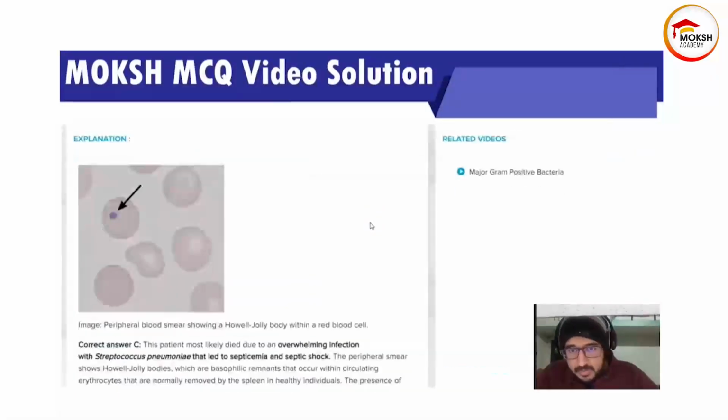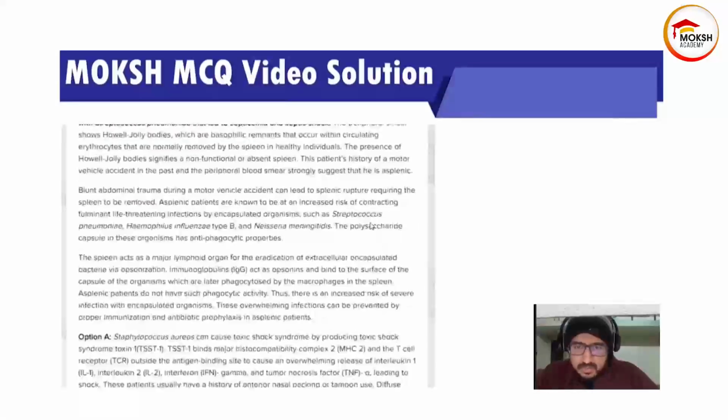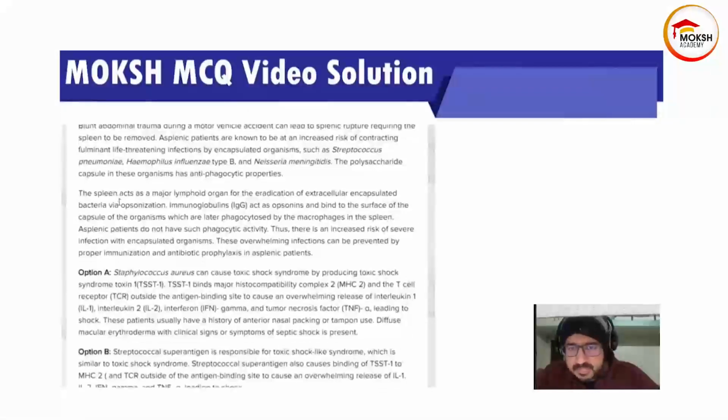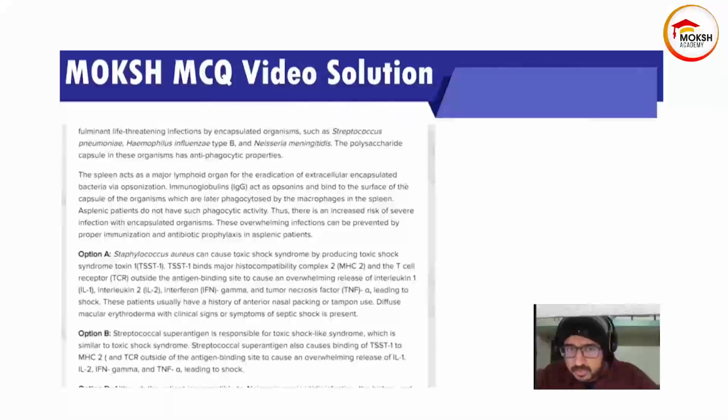And one more thing from your immunology point of view: the spleen acts as a major lymphoid organ for eradication of the encapsulated bacteria via opsonization. The IgG immunoglobulins act as opsonins and bind to the surface of the capsule of the microorganism, which is later phagocytosed by the macrophages in the spleen.